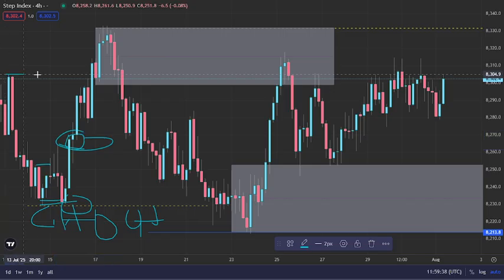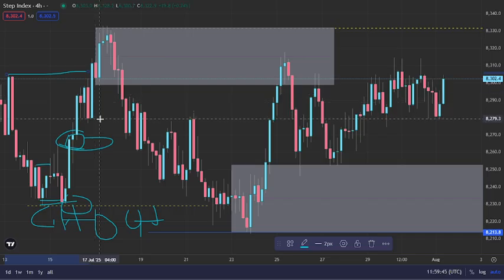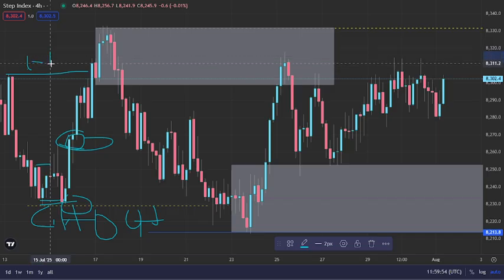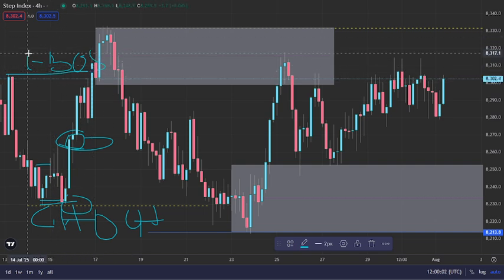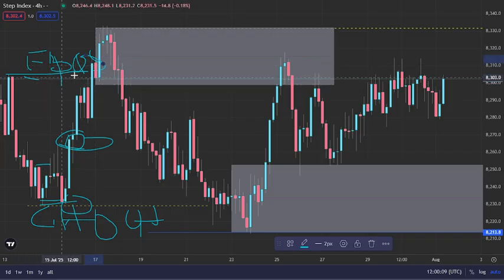We group this internal structure. So when the internal strong structure breaks, we get an I-BOS. So here is the internal structure. When the internal structure breaks, we get an I-BOS. This is an I-BOS. I-BOS means internal break of structure.